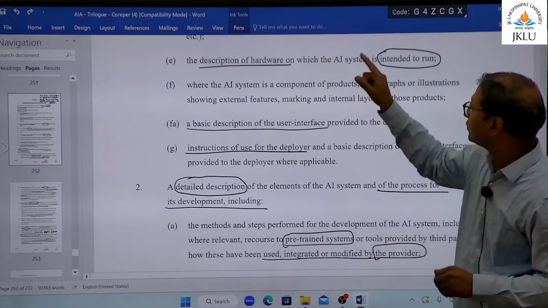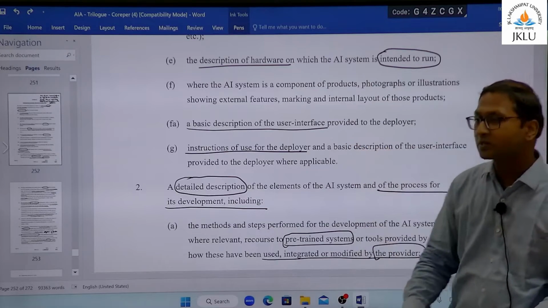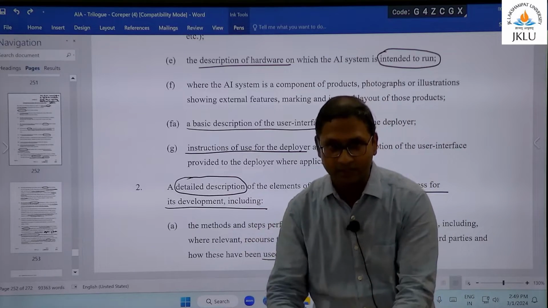Description of hardware on which AI is intended to run. So basically you are supposed to give me the catalog that comes, right?